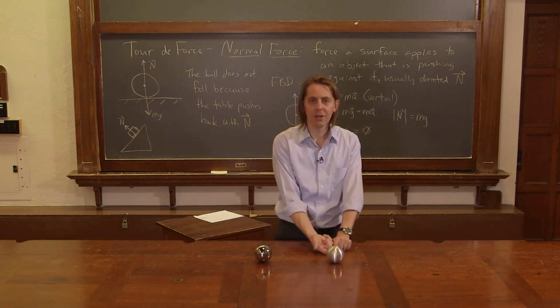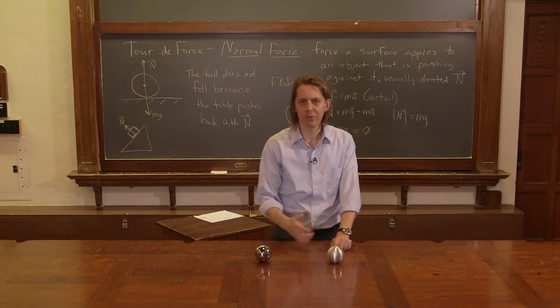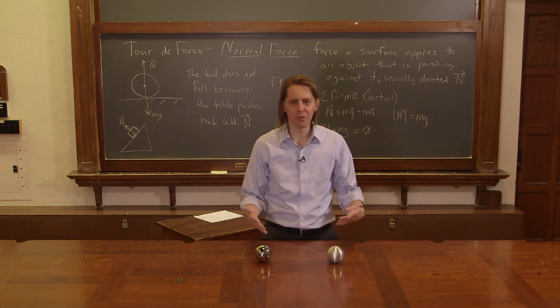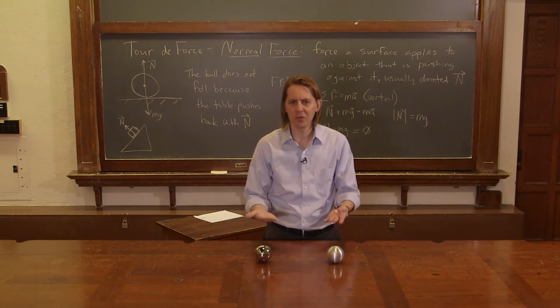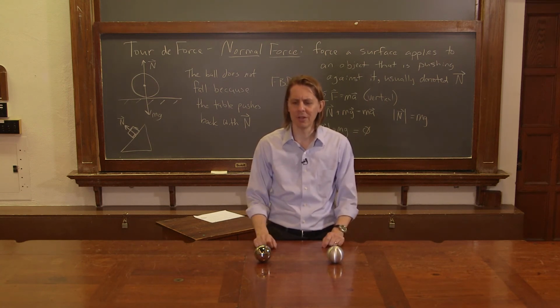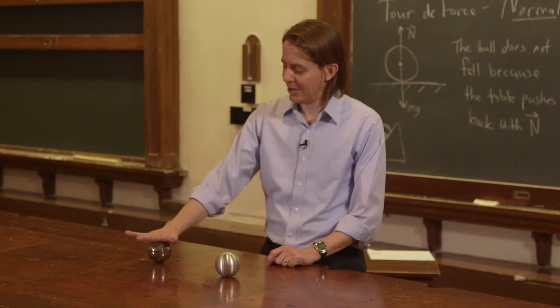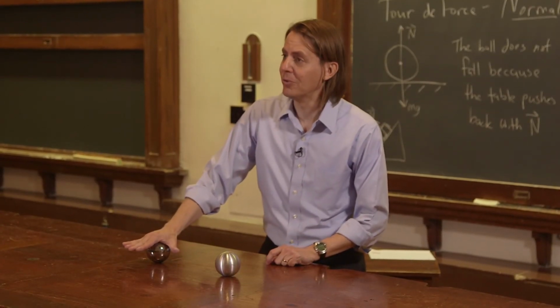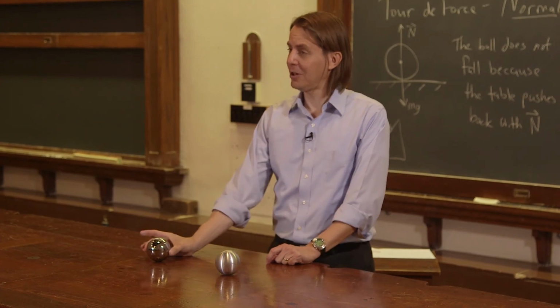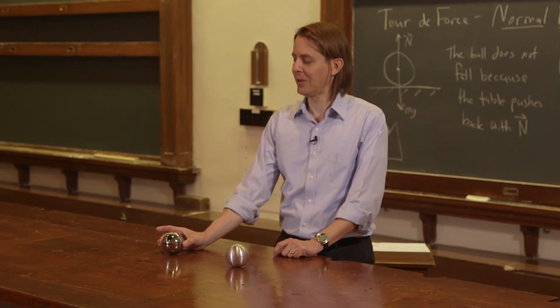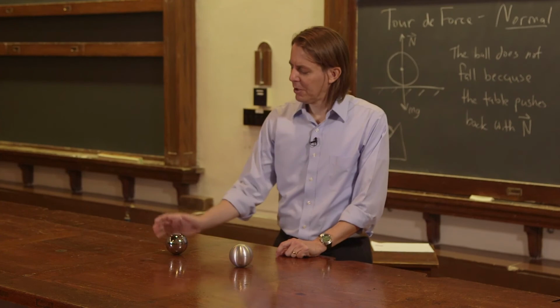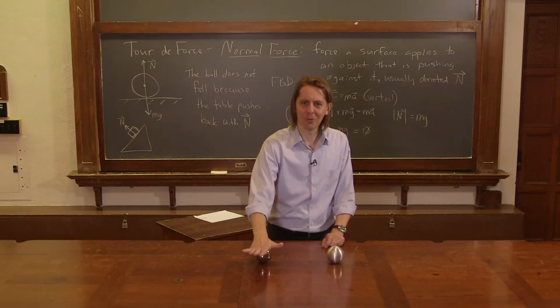And over here, it's smart enough to push back with 6 newtons. So that seems a little weird about normal forces. They're not constant. It's like they know what to do to make something stop. That seems strange. Also, they dynamically respond. Right now, it's 18 newtons to keep it from moving, but now I can push and make it 20 newtons, 30 newtons. Or I can lift it up a little bit and make the normal force be less to make it not move. So it's a little mysterious, these contact forces, how they can respond like that.